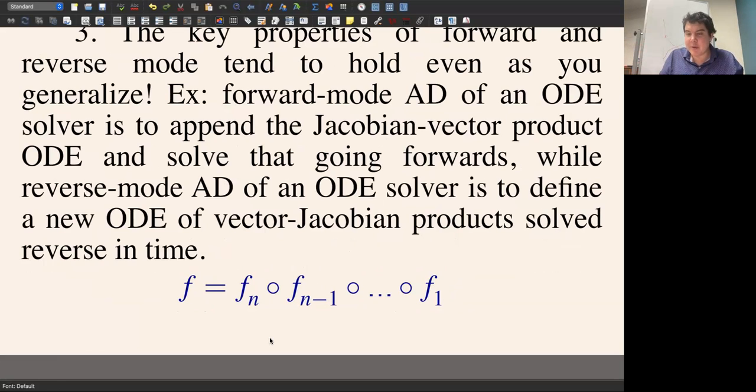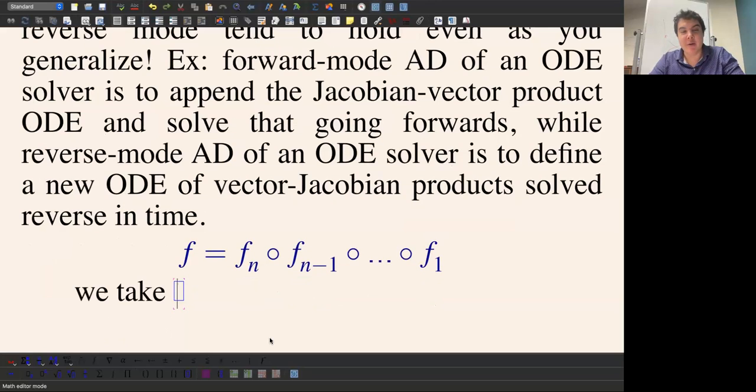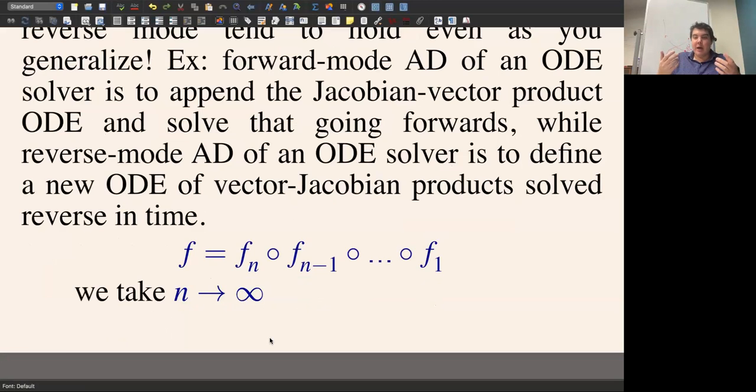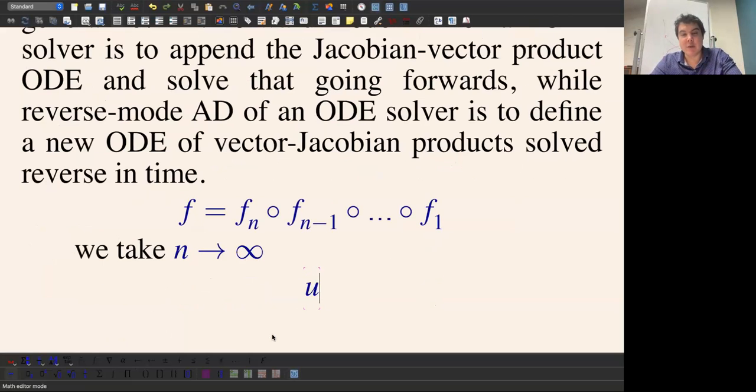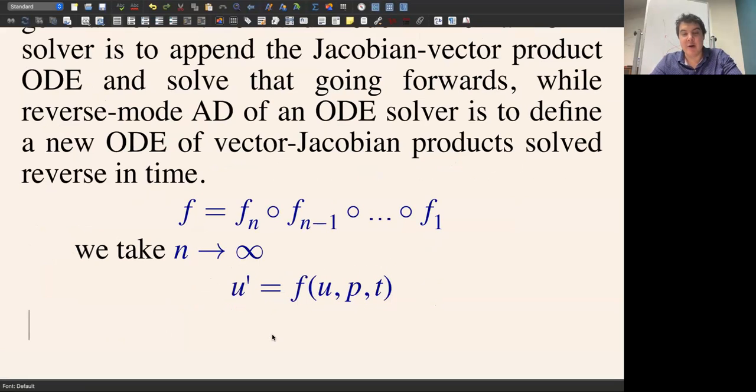But what begins to happen when we start to talk about these cases with while x is less than zero, Newton's method, ODE solver, is that we're actually just taking the case of n going to infinity. So we just have essentially mathematically what we've written down when we say u prime equals f of u, p, t.